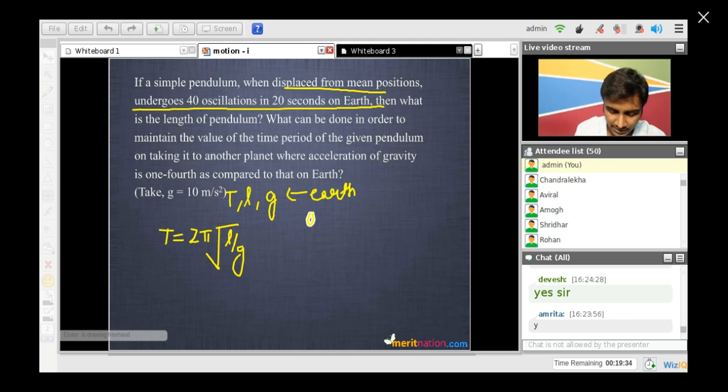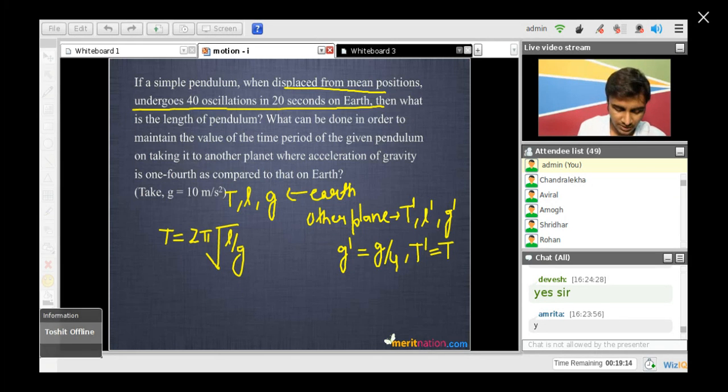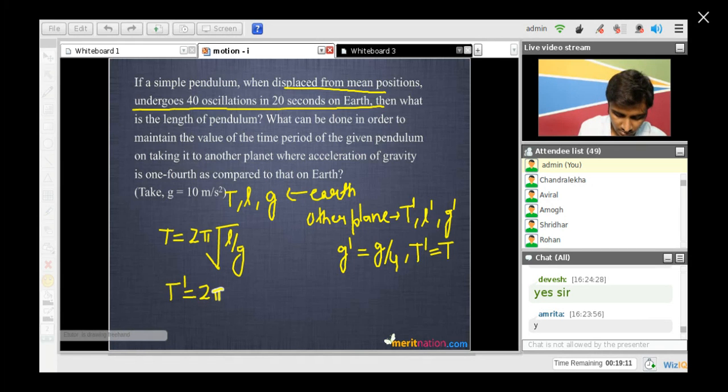Now for the other planet, let's say the time period is T dash, length L dash and gravity G dash. So G dash is equal to G by 4 and T dash is equal to T, because the time period should be kept the same and G is 1/4 of the gravity on Earth. So T dash is equal to 2 pi under root L dash upon G dash.